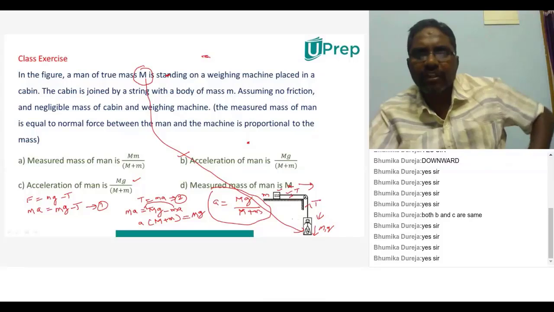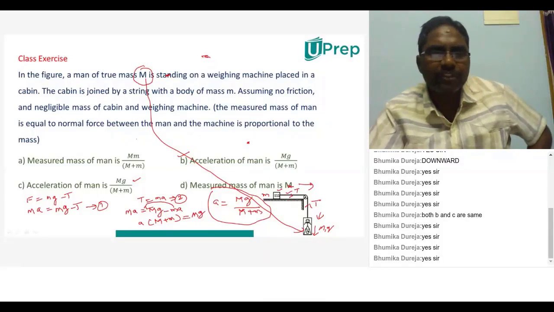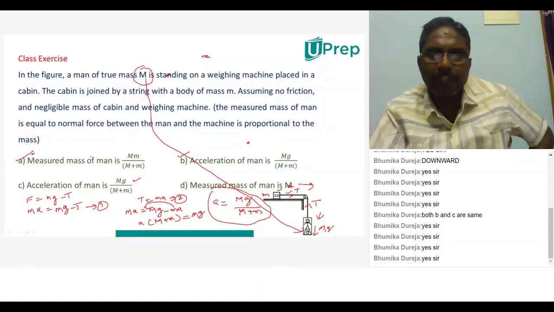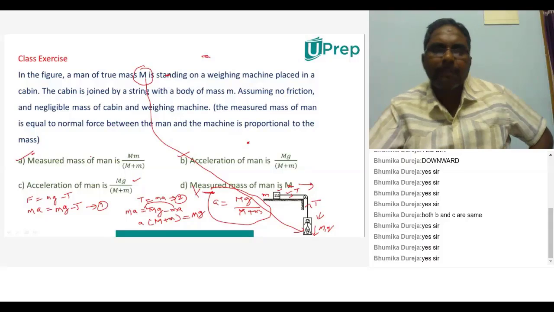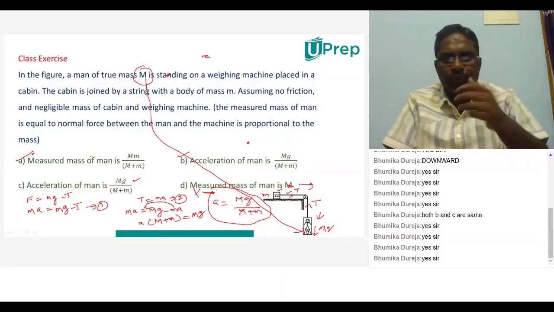So definitely the measured mass of the man will not be capital M. Instead of capital M, the measured mass of a man is capital M into small m divided by capital M plus small m. That means A will be the right option. So A, B, C will be right options and D will be wrong. Why wrong? We will not measure the same mass as that of the man. So in this way you have to get the answers.